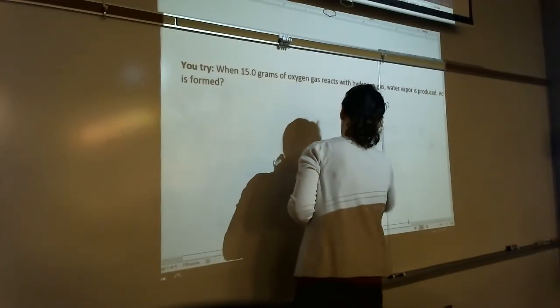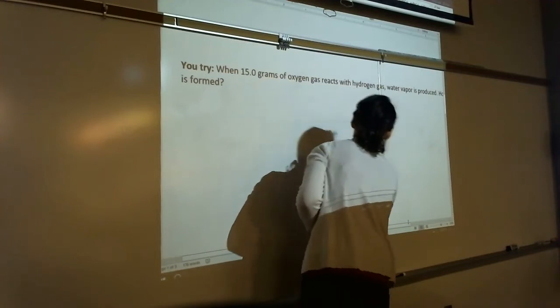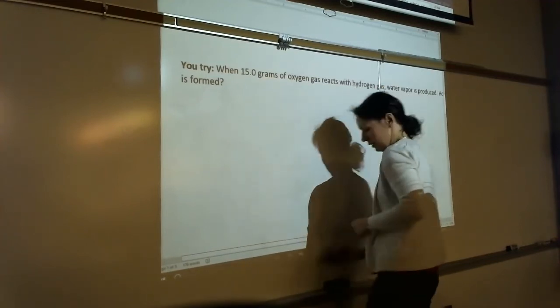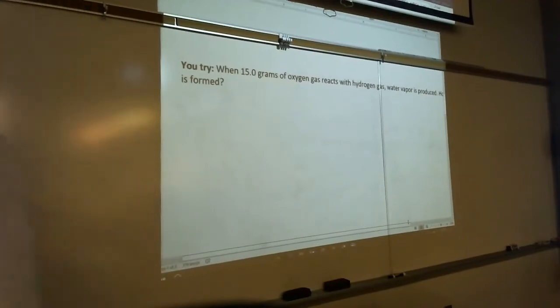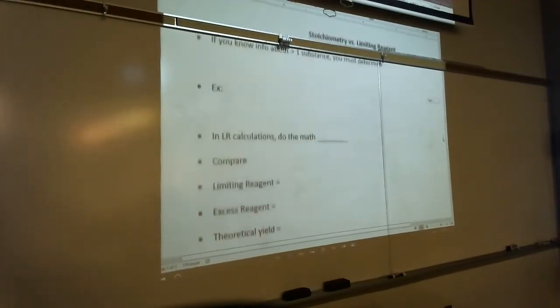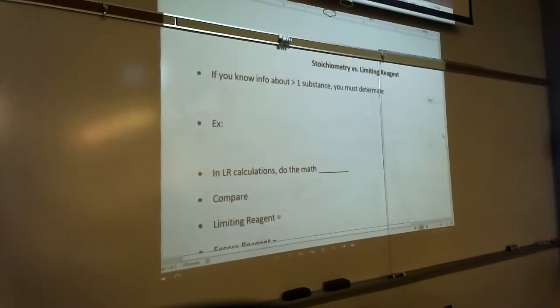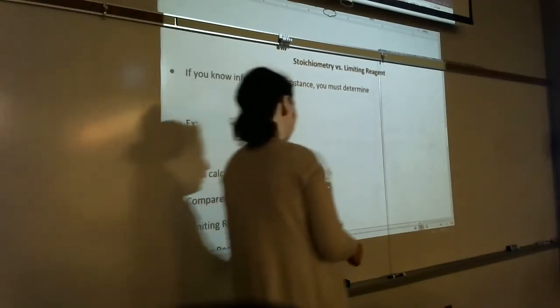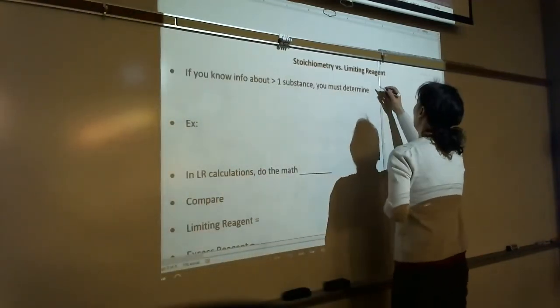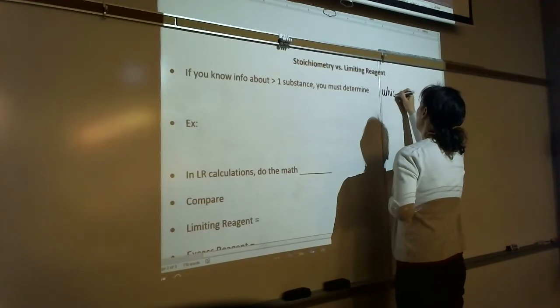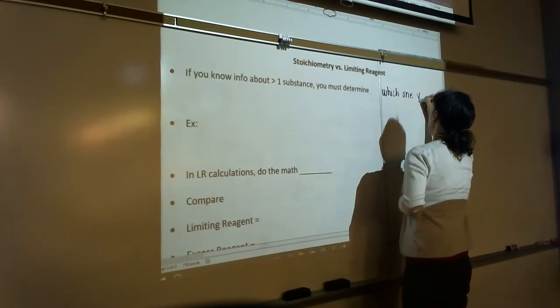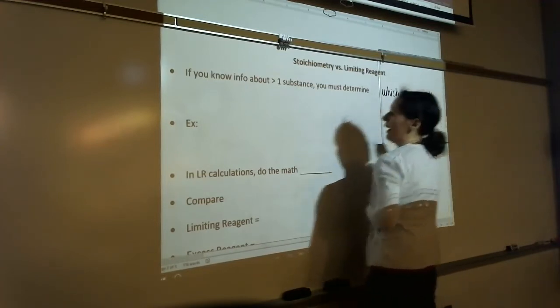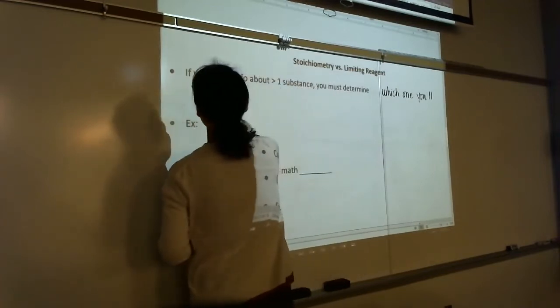And that is on the next section of your note-taking guide. Stoichiometry versus limiting reagent. All right, if you know information about more than one substance, you must determine which one you'll run out of first.